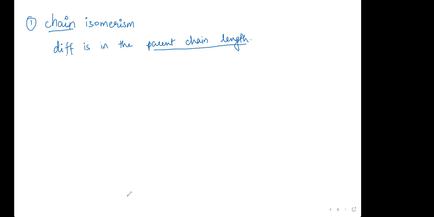And as Ritu said, like the butane and 2-methyl propane, you could see that it was pretty obvious. You had CH3, CH2, CH2, CH3 versus CH3, CH, CH3 with a methyl branch.